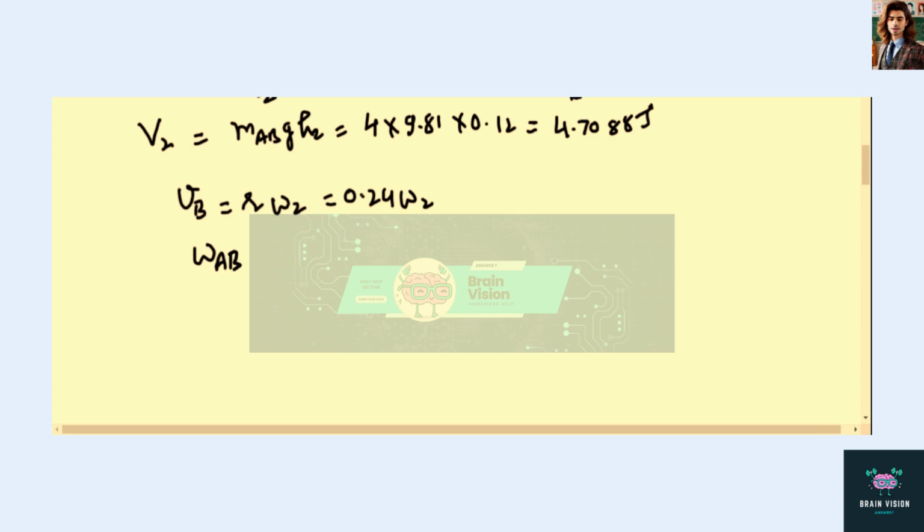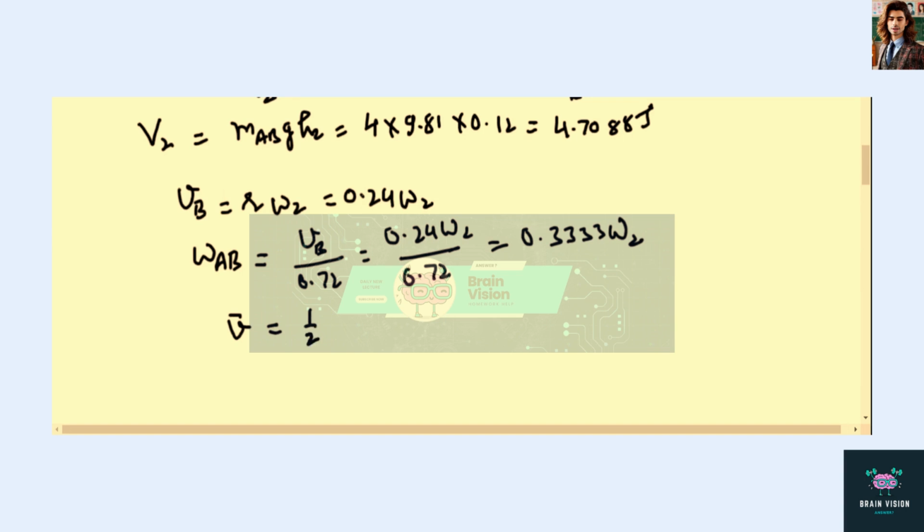Angular velocity of rod AB, velocity of B divided by 0.72, that is 0.24 omega 2 upon 0.72, that is 0.333 omega 2. So velocity of centroid of the rod, half of velocity of B, that is 0.12 omega 2.